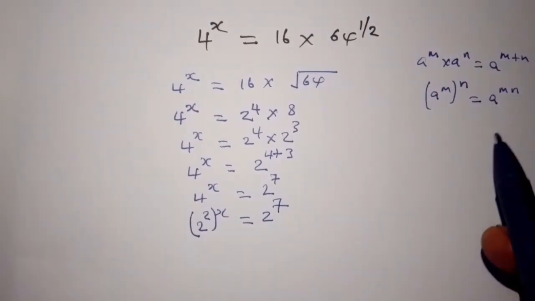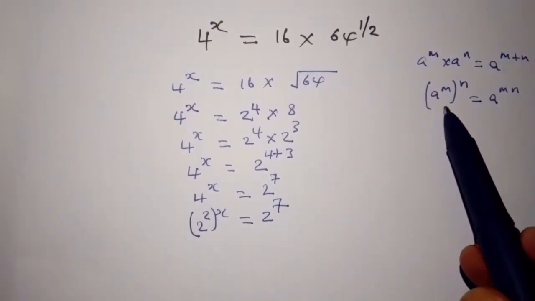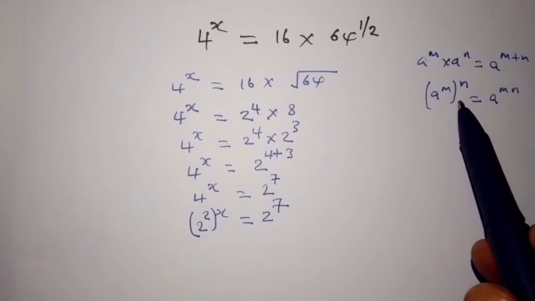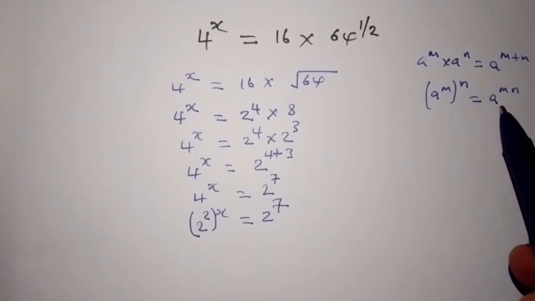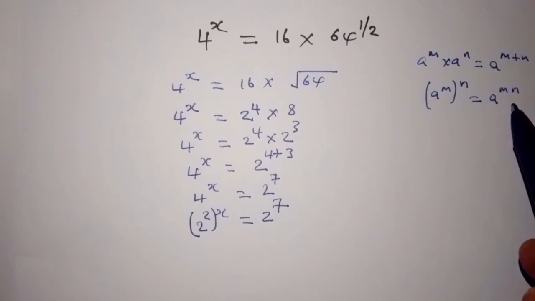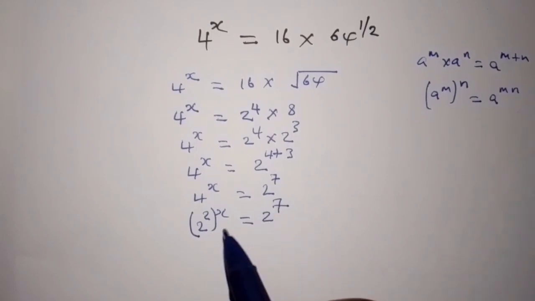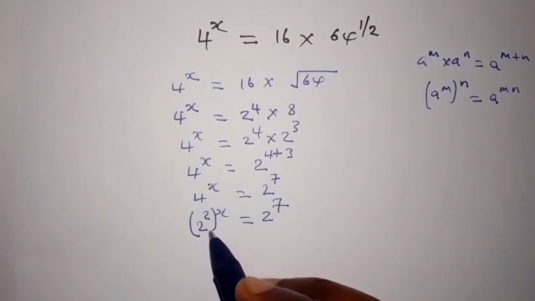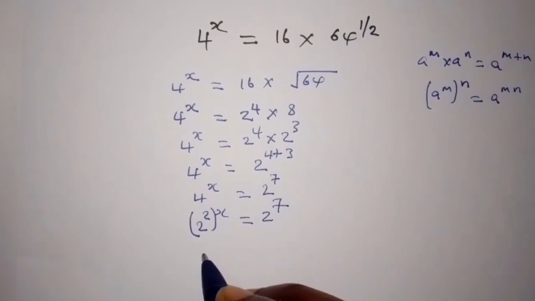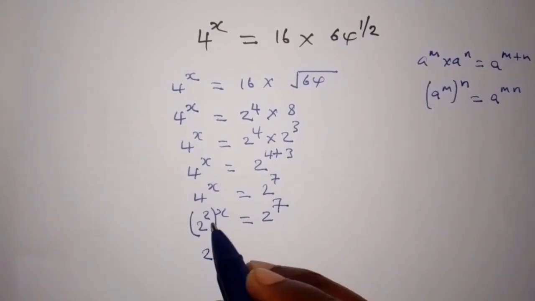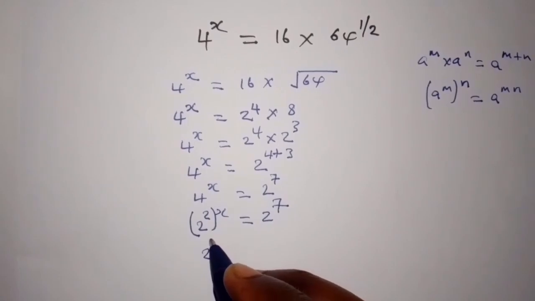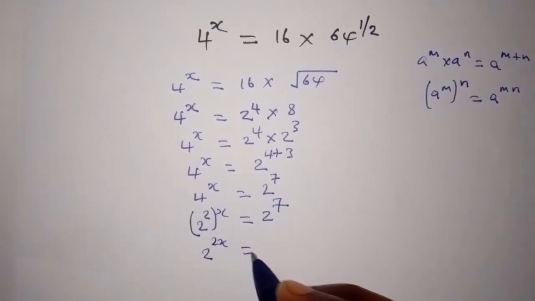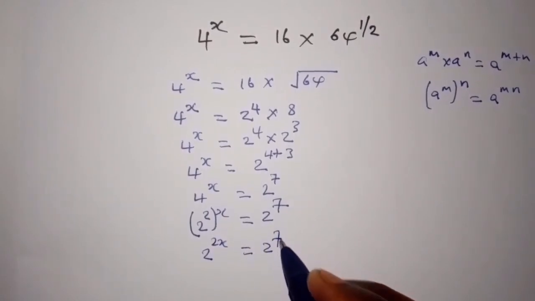And we can apply this rule here: a power m in brackets power n is equal to a power m times n. So 2 power 2 in brackets x is 2 power 2 times x, which is equal to 2 power 2x, is equal to 2 power 7.